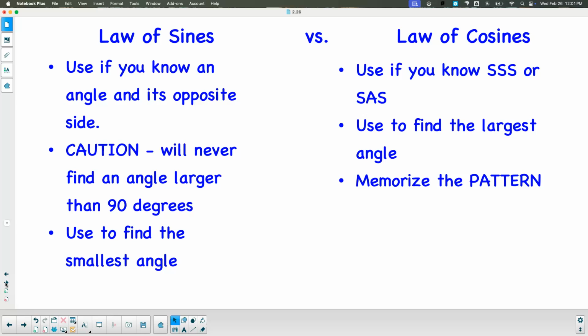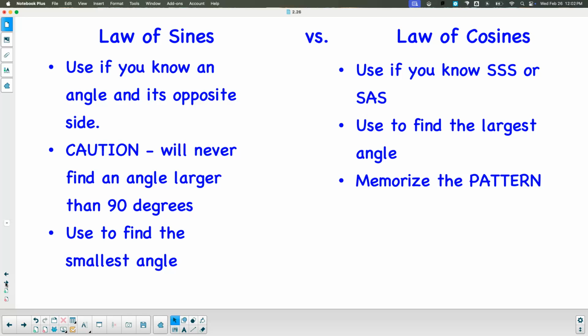Law of cosines can be used on any triangle, but we don't have to because it's a little more intense, if you will, than the law of sines. Law of sines can be used on any triangle, but you've got to have certain conditions right from the start. You've got to have that complete fraction where you've got a side and its opposite angle. So if you don't have that, then you can't use it.